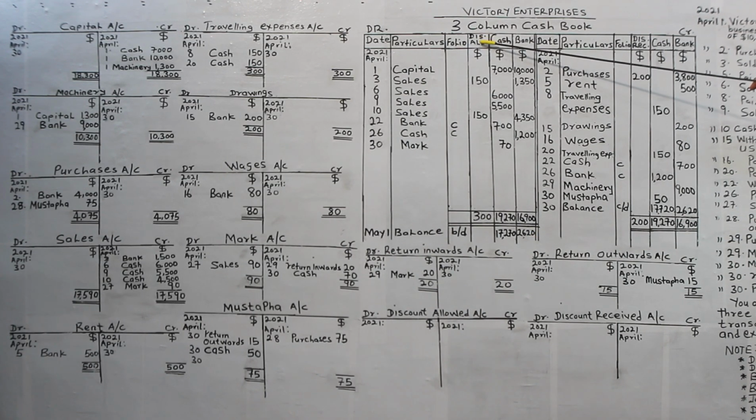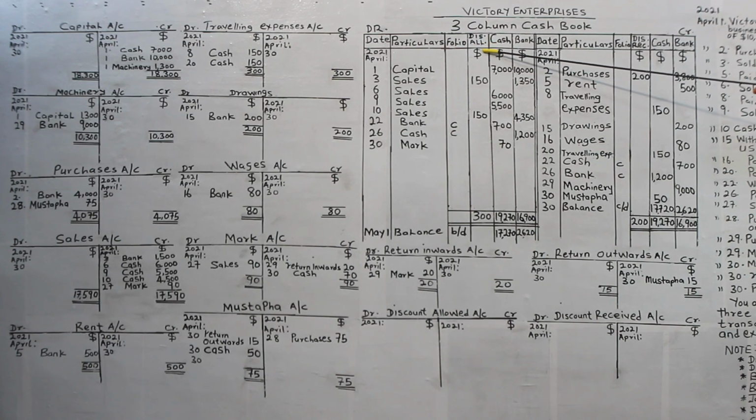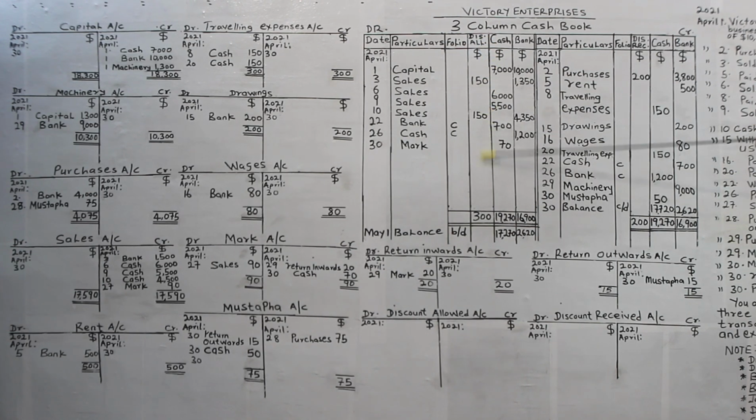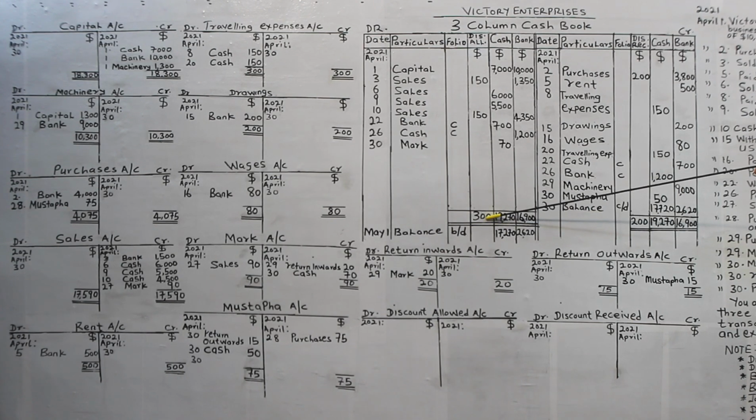Looking at the discount allowed column on the debit side of the 3-column cash book, the total discounts allowed for the period is 150 plus 150, which is brought down as 300. There is no balance carried down for discount allowed and discount received.